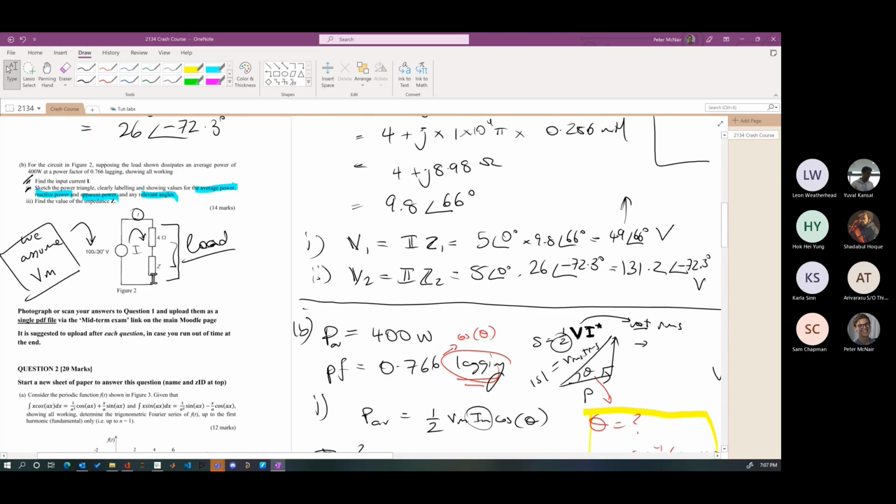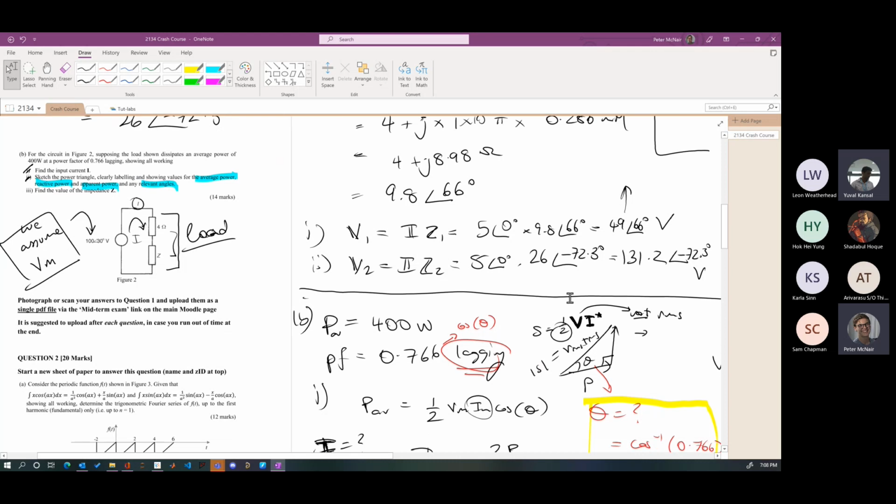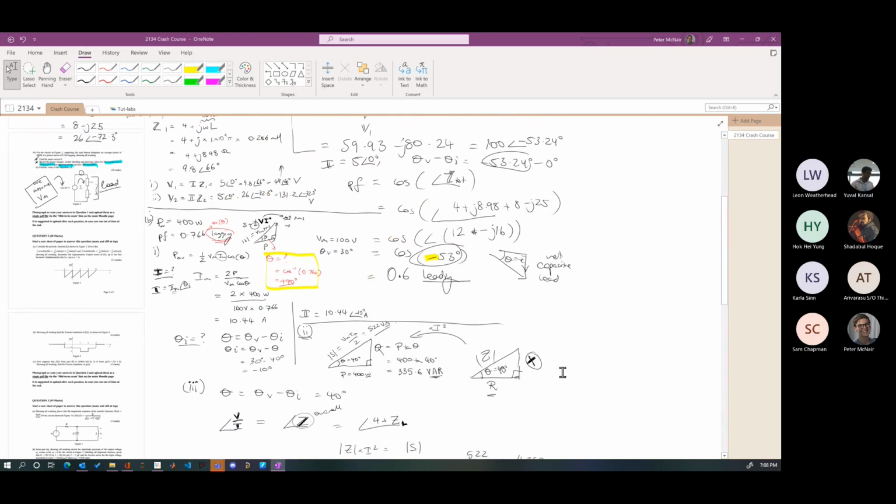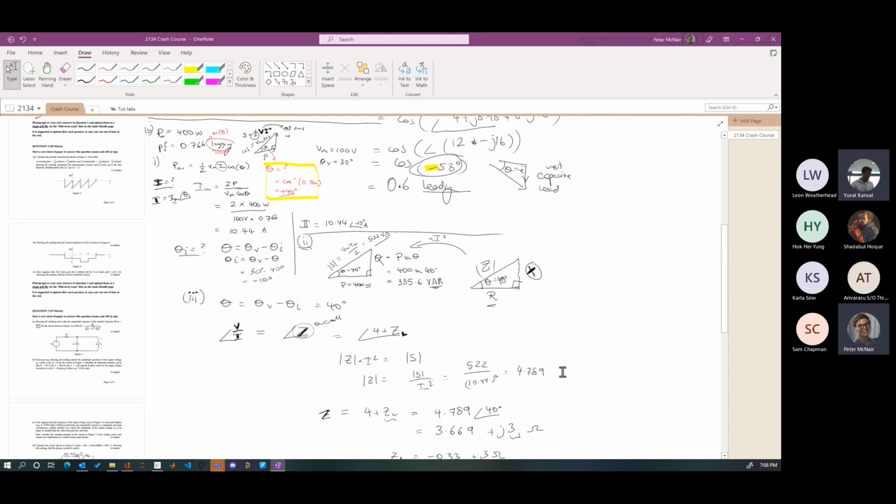Cool. Could we have done like VM equal to total impedance into IM? Exactly right. So let's try it another way. VM equals Z total into IM.